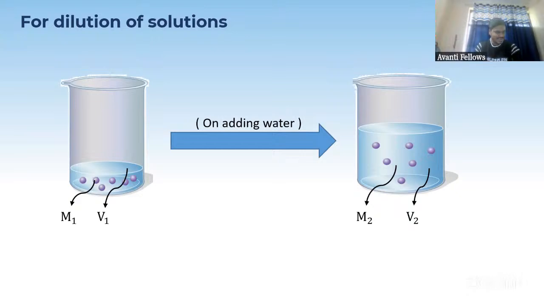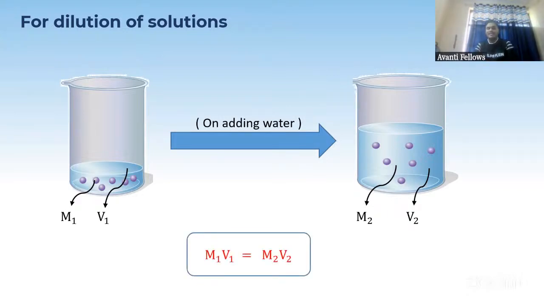So on adding water, what happened basically? जैसे ही आप यहाँ पे water को add करोगे, right? So when you add water, now the molarity becomes M2 and the volume becomes V2.